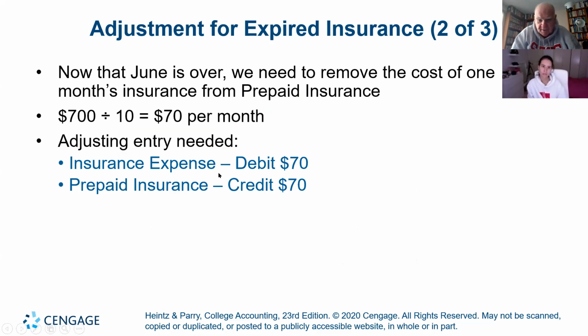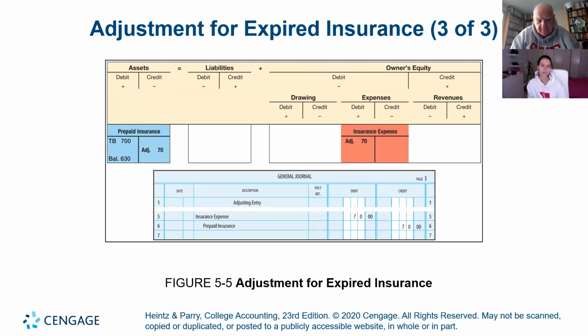that insurance expense is 70, and thus the asset has been used up by the same exact number. Here we go. Prepaid insurance was 700 minus 70. We're down to a balance of 630. There's the debit to insurance expense.